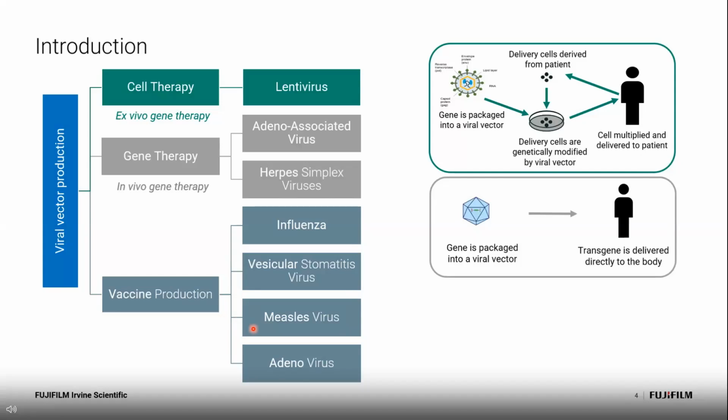The common goals for the viral vector manufacturers and their suppliers are to reduce production cost, improve yield, and improve viral vector quality. The study I'll be presenting today will focus on gene and cell therapy applications, specifically for AAV and LV or lentivirus production.